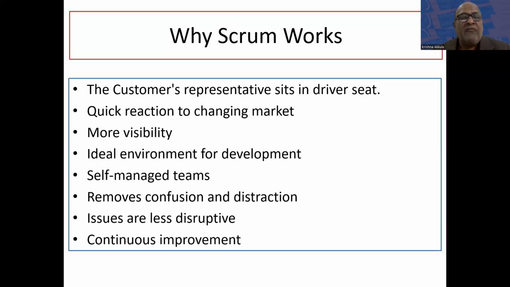An ideal environment for development: self-managed teams. There are a lot of names that we'll be seeing for the Scrum team: self-managed team, self-organized team, self-help team, committed team, determined army, and various other things, because they are committed to the sprint goals.